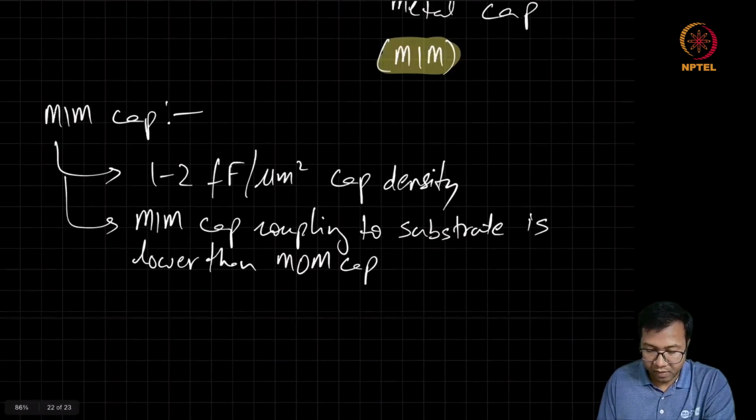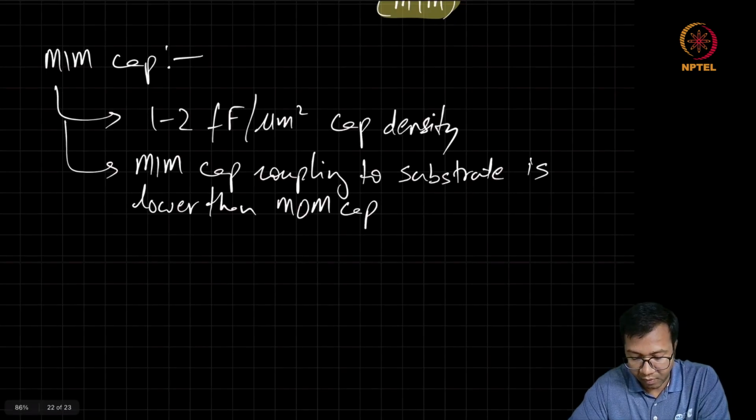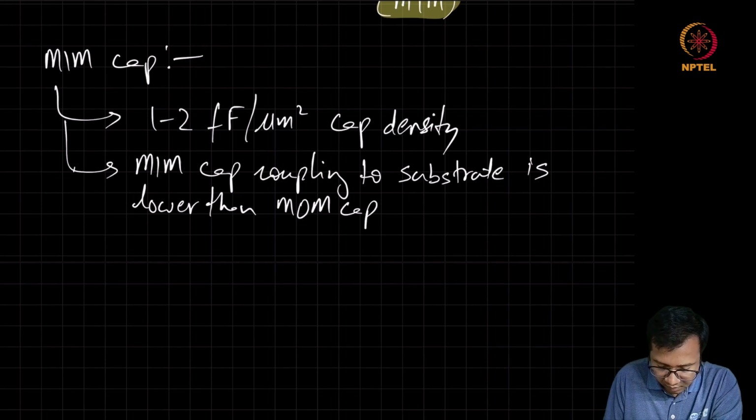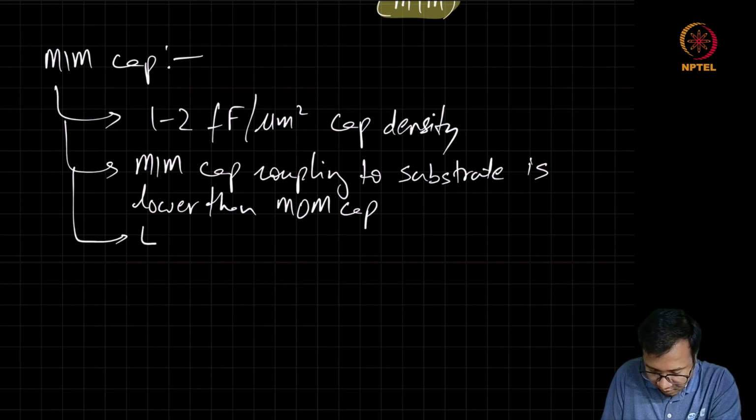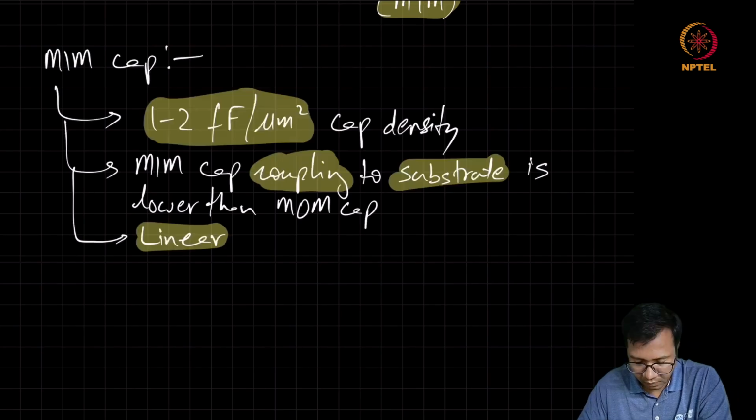So it has the benefit that the substrate coupling is reduced, so any noise in the substrate or loss in the substrate automatically gets reduced. And this way also, we can see, it's highly linear.